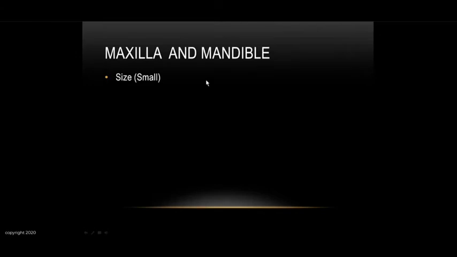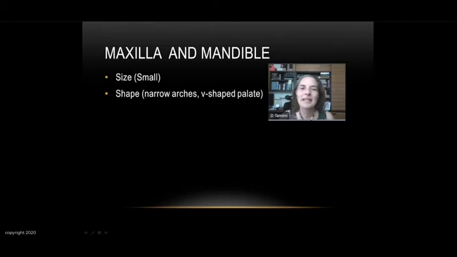Some of the predisposing factors are them being too small. Their shape, the really narrow arches. So when you look at them on a cone beam CT or a CT or MRI, it kind of looks like a V rather than a wide arch, a wide U. Also in the coronal plane, you'll see that the actual palate looks more like an angle rather than a big wide shelf.